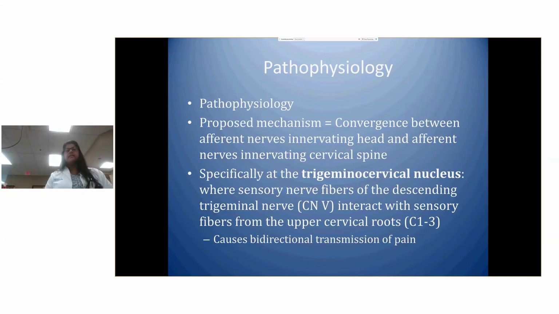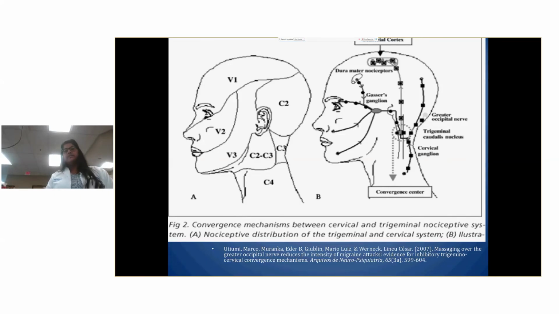The next slide is going to demonstrate an illustration of this proposed convergence center. On the left, you'll see distribution of the trigeminal nerve, the ophthalmic, maxillary and mandibular divisions, V1 through V3.